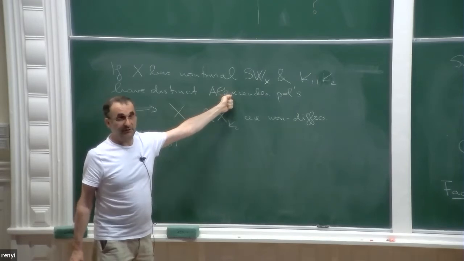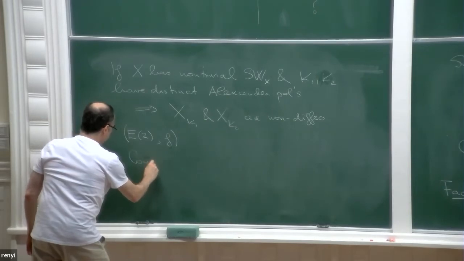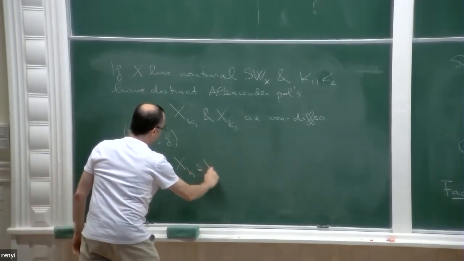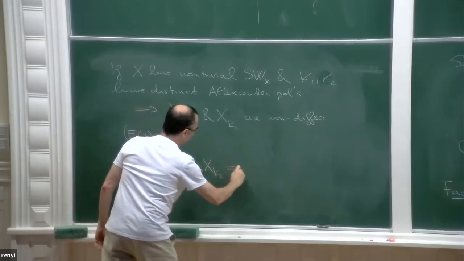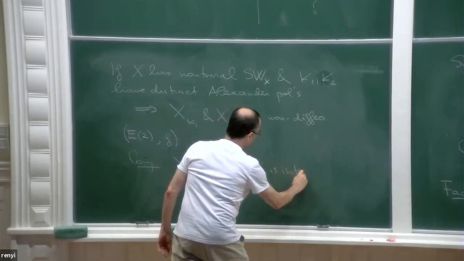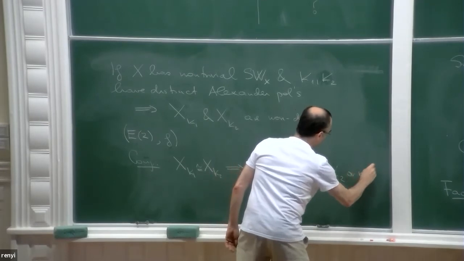And things are even worse than that conjecturally. So the conjecture is that XK1 diffeomorphic to XK2 should imply that K1 is isotopic to K2 or the mirror of K2.